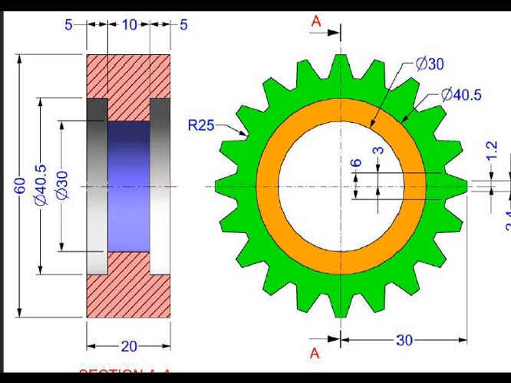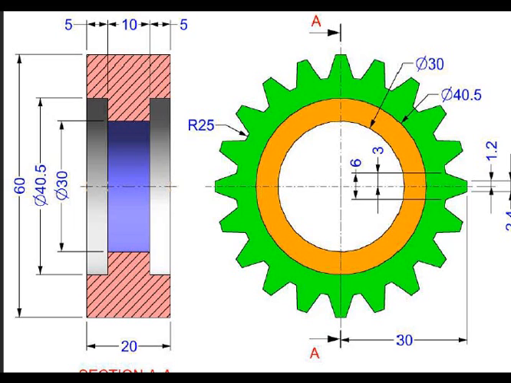To the next one, I'm going to start with the section AA. I'm going to make a revolve of the T that we can see there. And having done that, I'm going to remove the teeth. Okay, I'm not going to add any teeth.